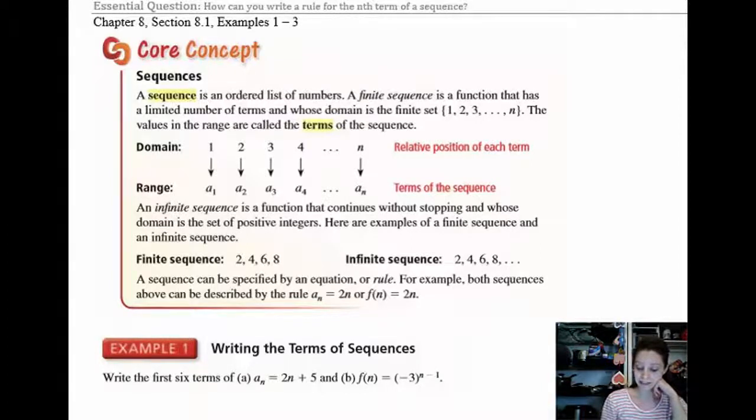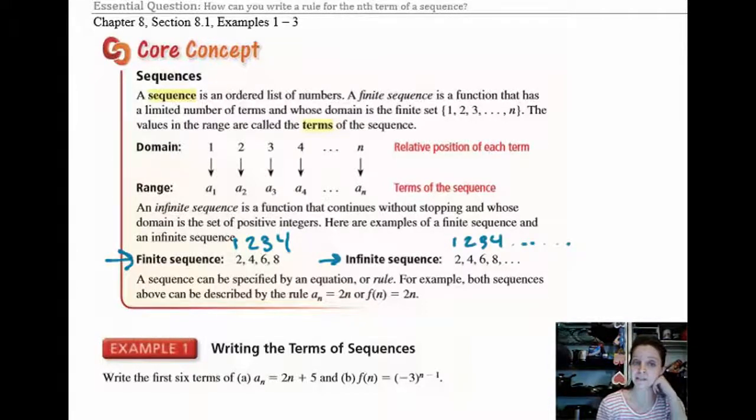Right, so a finite sequence, in this case, is just 4 terms, the domain being 1, 2, 3, 4, and the range being the terms 2, 4, 6, 8. An infinite sequence goes on forever, and we start with term 1, 2, 3, 4, and we keep going all the way to infinity.